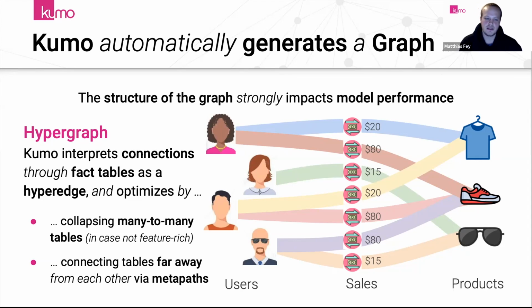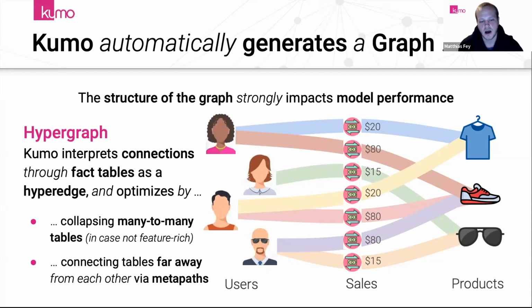And that means that all connections through these fact tables like transactions, sales, and so on actually describe a hyperedge, like a triplet of user, product, and transaction. And the hypergraph here means that we're actually learning a representation for each triplet and then distributing these representations back to each of the entities.